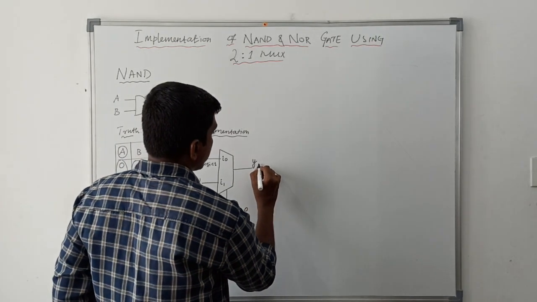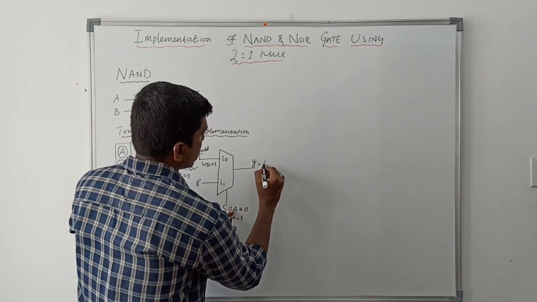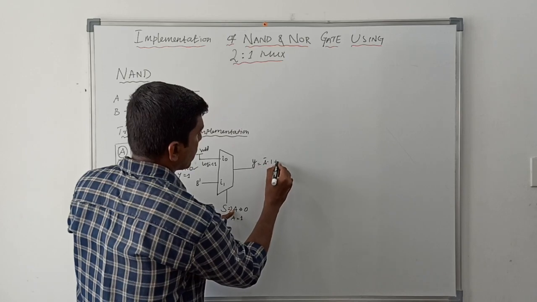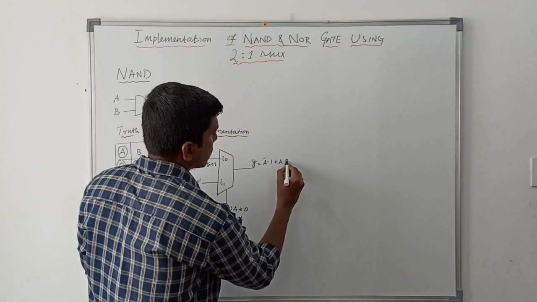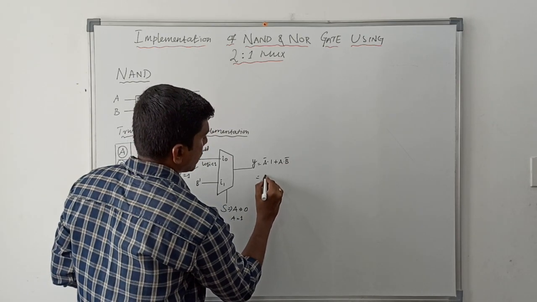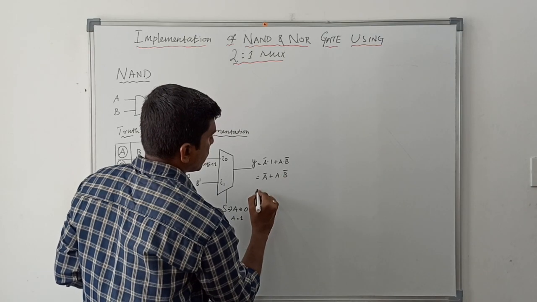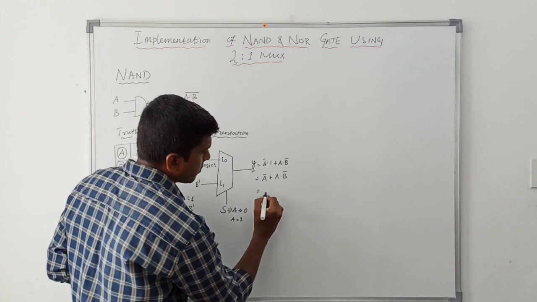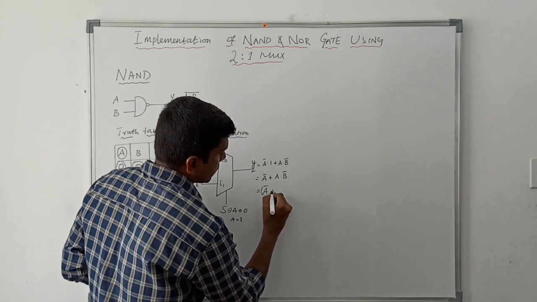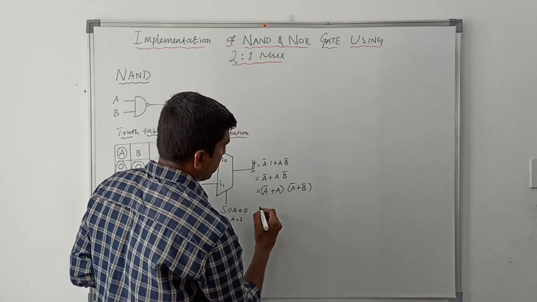The corresponding equation: Y equals A bar dot 1 plus A dot B bar. So A bar plus A dot B bar. Using the distributive law, this expression is rewritten as A bar plus A bar plus B bar.